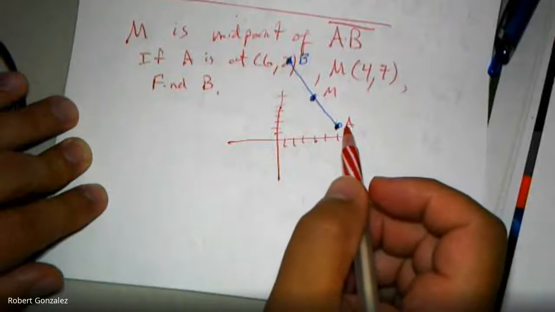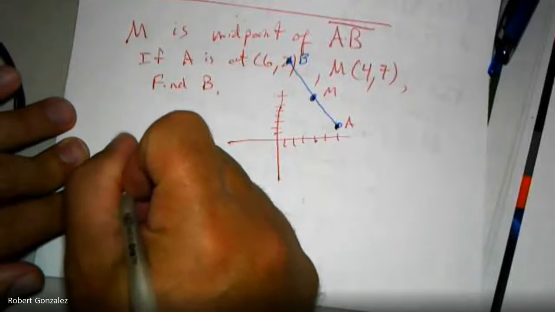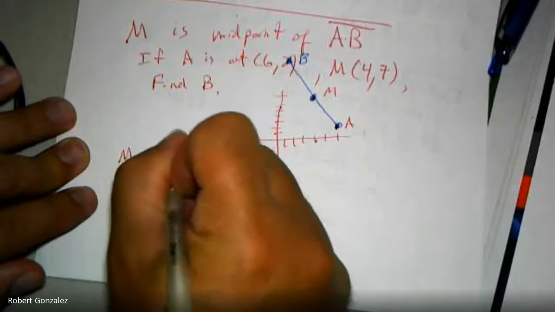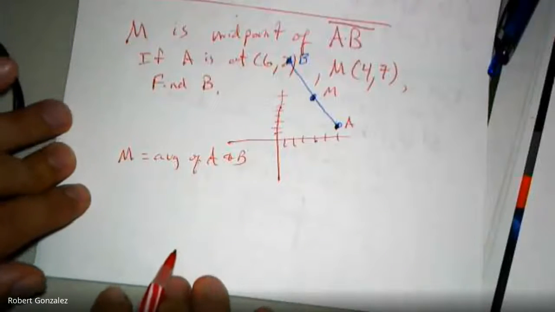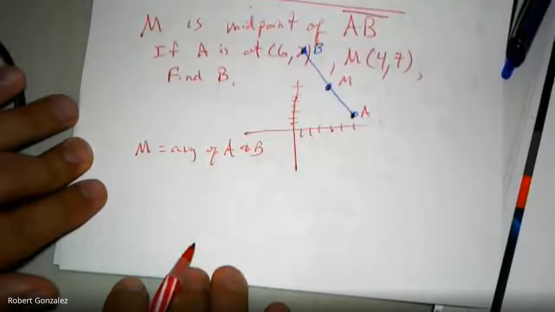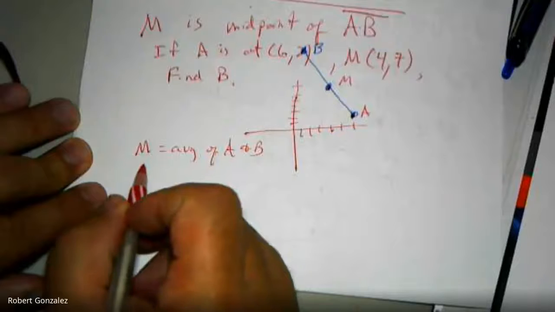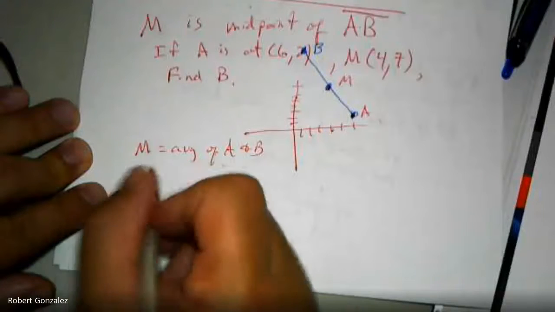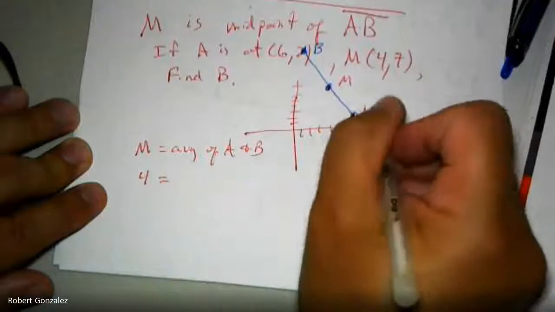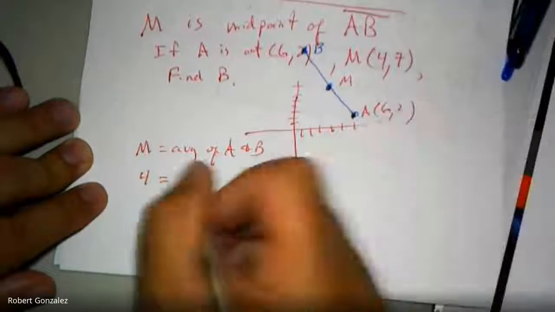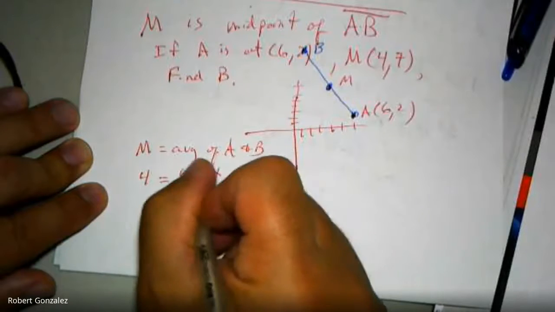Okay. Well, I know that M is the average of A and B. And that works for the x coordinate and the y coordinate. So let's try it. Let's do the x coordinates. 4 is going to be the average of 6 and something else.